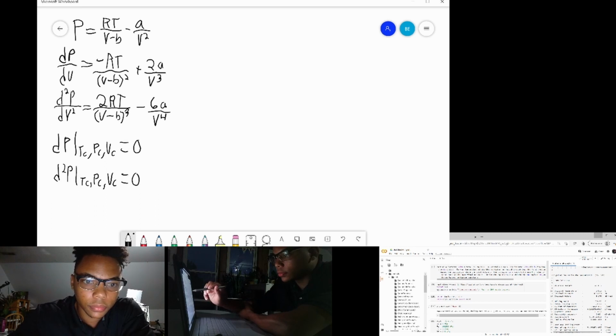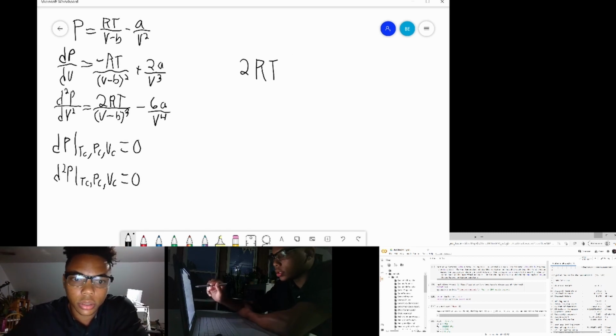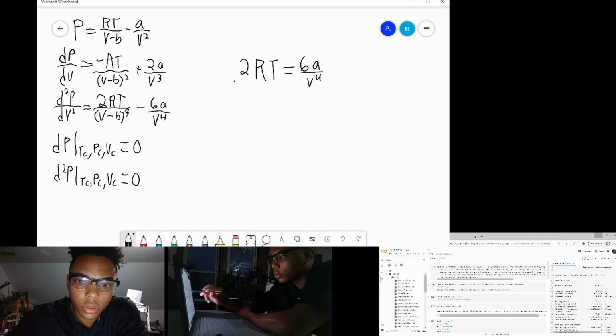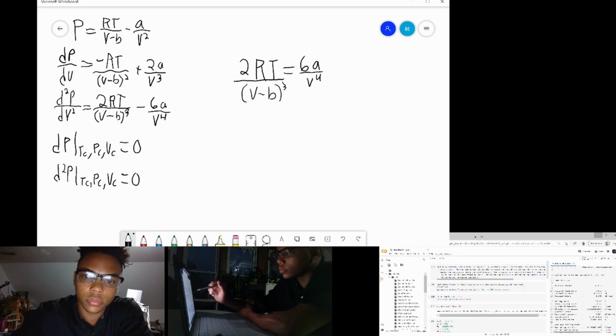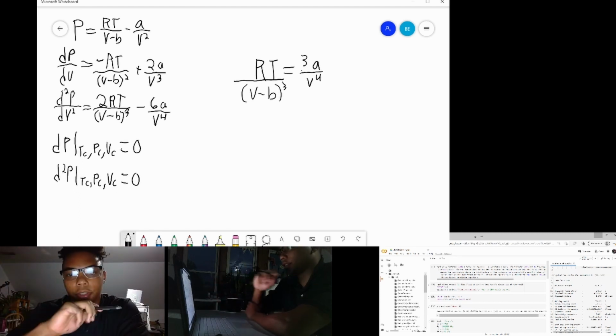So if I have 2RT equals 6A over V to the 4, first by taking away the 2, that becomes 3, divide by 2.